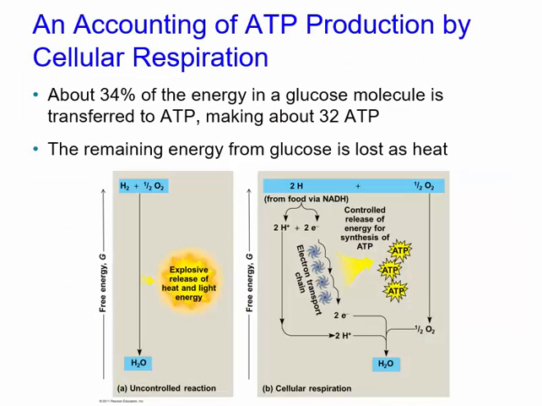Of course, not all of the energy is used to generate ATP. Some of it is lost as heat. So only about 34% of that energy from that broken down glucose molecule ends up in ATP. So, a little bit like the fire example, we're still losing energy as heat. This is not a perfectly efficient process.